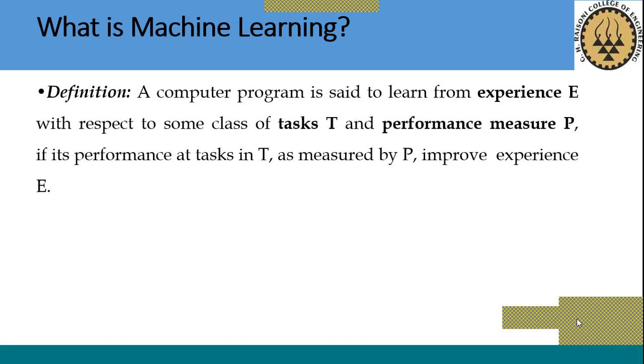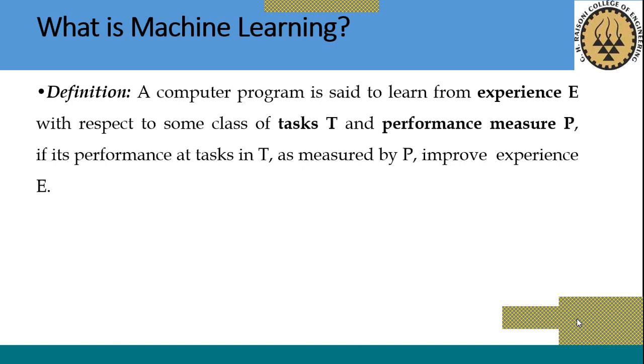A computer program is said to learn from experience E with respect to some class of tasks T and performance measure P. Here E represents the experience, T represents the task, and P represents the performance.